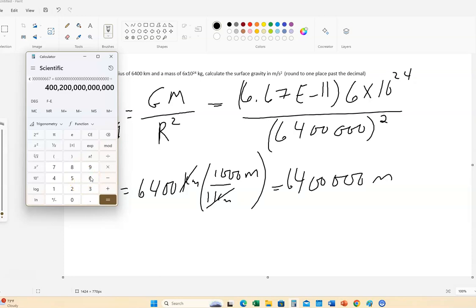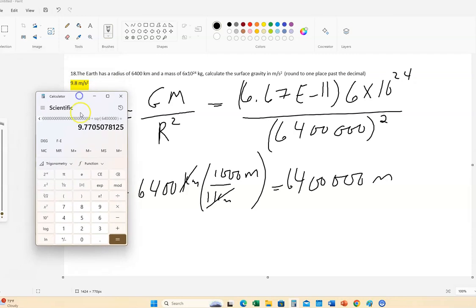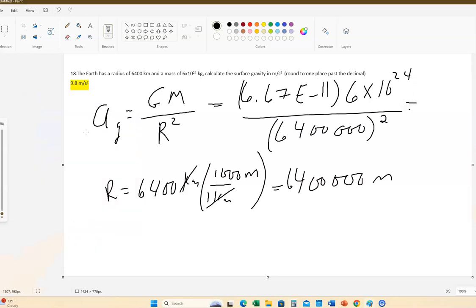So it's going to be 6,400 and then 000. All right. And then of course remember we've got to square that, and the answer comes out to be the acceleration due to gravity, right? And so if we round it to one place past the decimal, the answer is 9.8 meters per second squared.